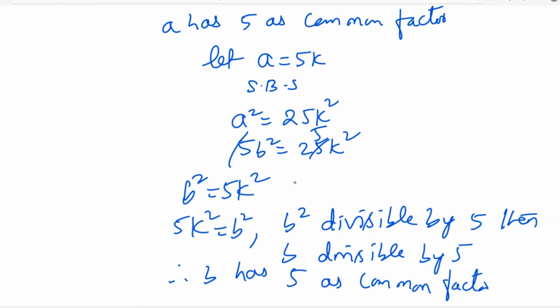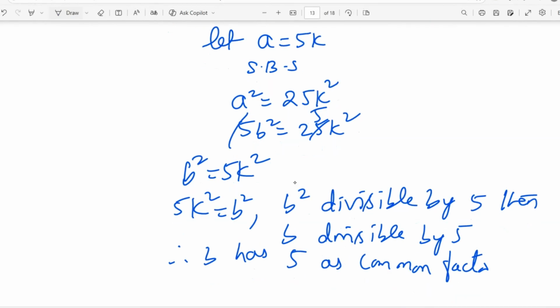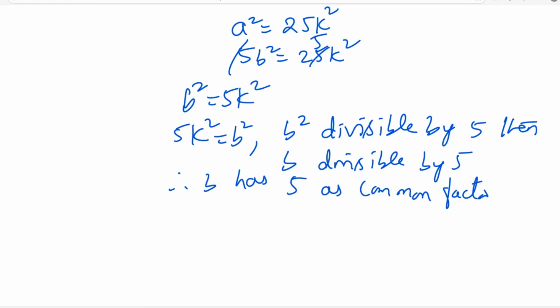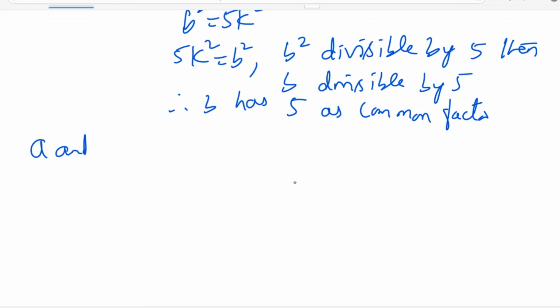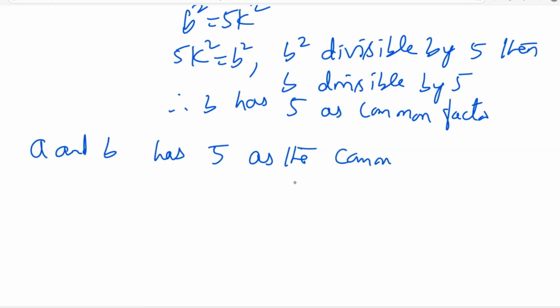Since a is also divisible by 5 and b is also divisible by 5, we can write that a and b have 5 as the common factor. If it is having a common factor, then it should not be co-prime, but we have that they are co-prime, which is a contradiction.